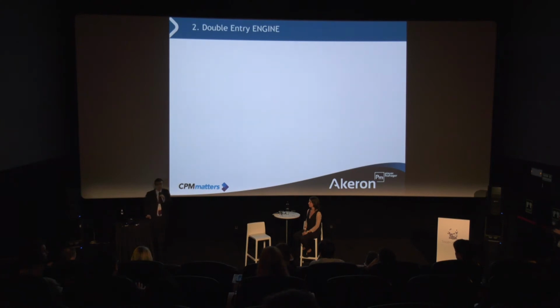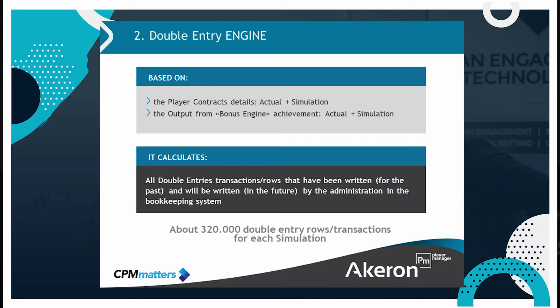The second engine is the double entry engine. It is the system that calculates the accountancy, as you would write, it is done on the accountancy system.